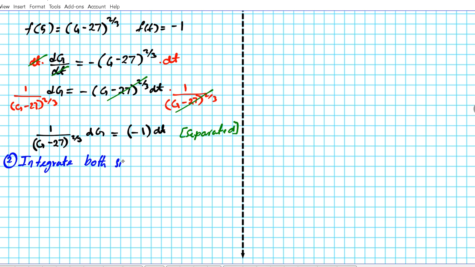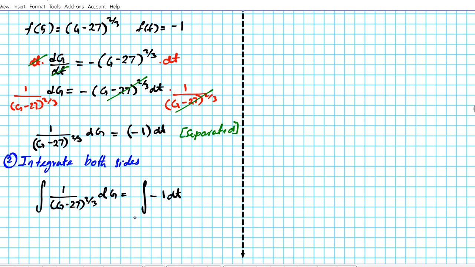The goal here is to eliminate the differentials. So we have the integral of 1 over quantity g minus 27 to the 2/3 dg equals the integral of -1 dt.